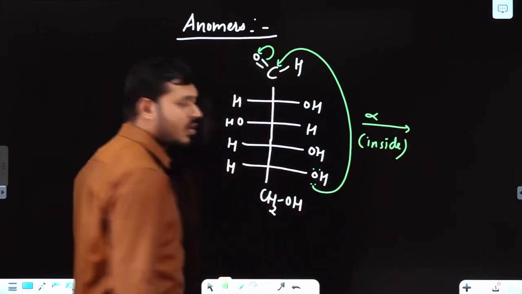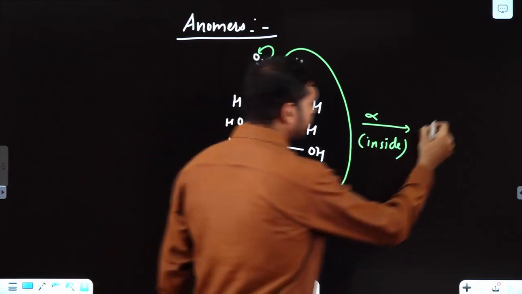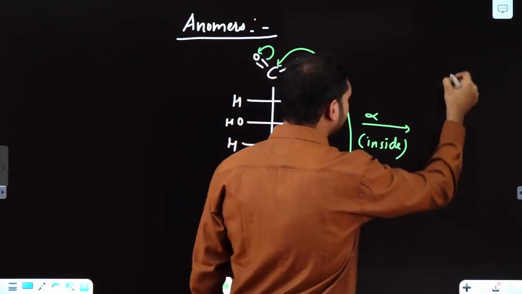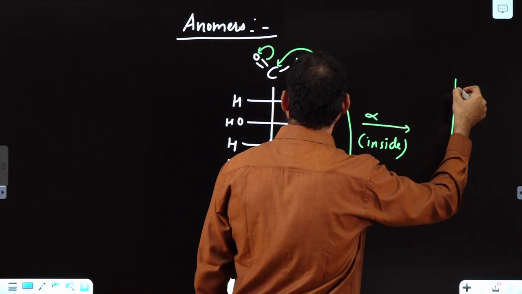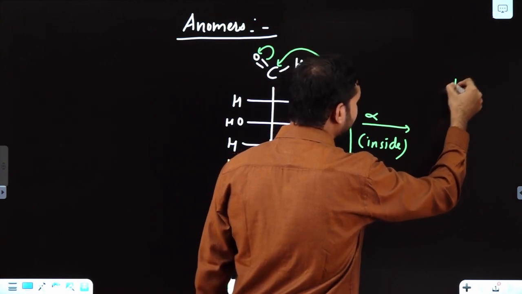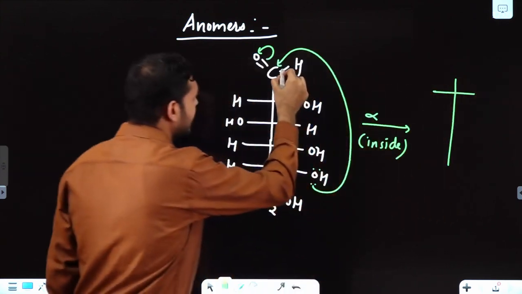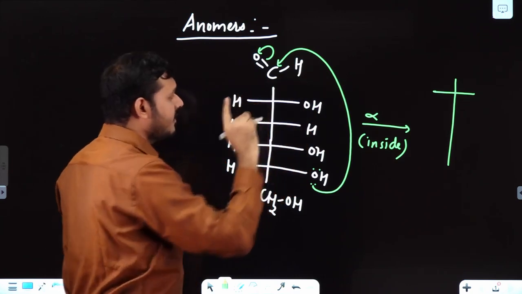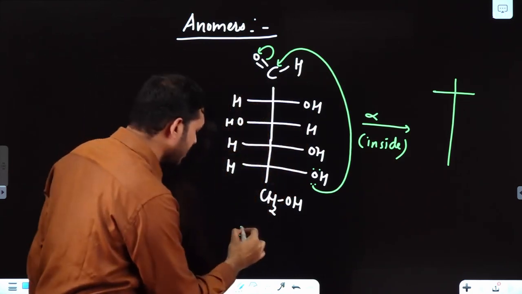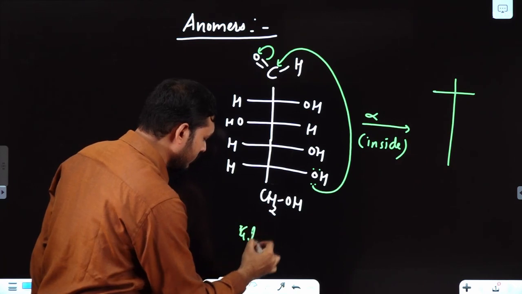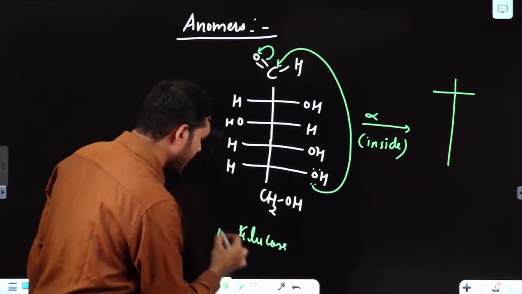Now when I say this will be inside, alpha, this is your D-glucose.